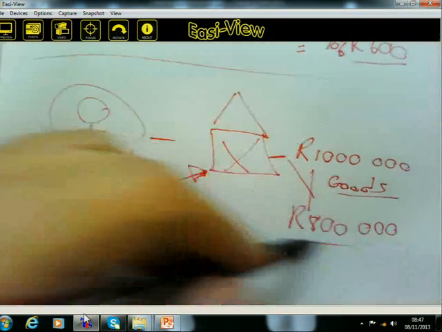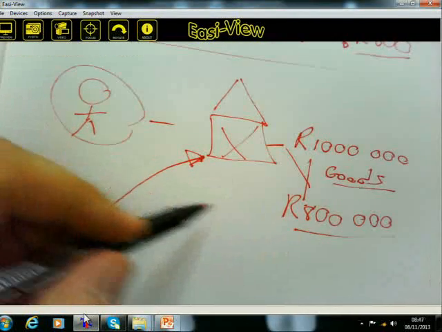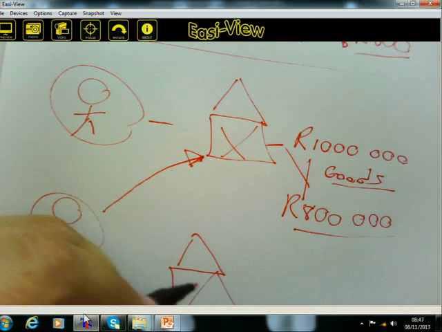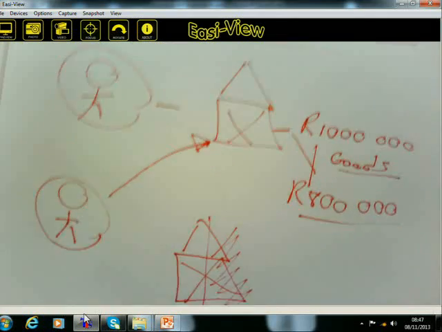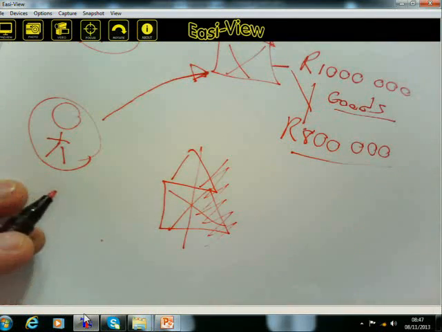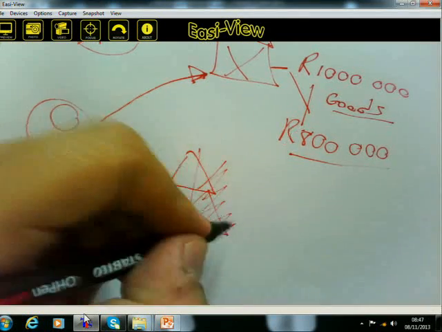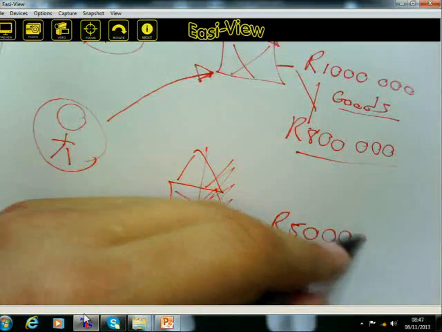Now, you insure it for 800,000 Rand, and a fire comes. And a fire burns down half of your building, and 500,000 Rand of stock was lost.